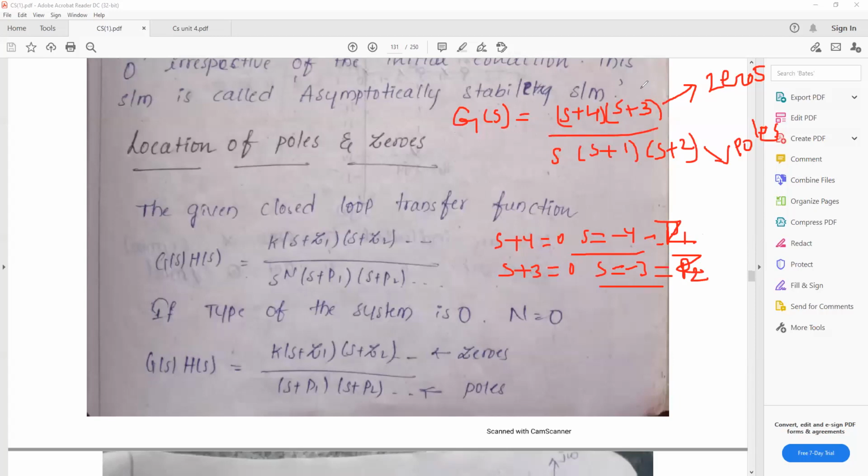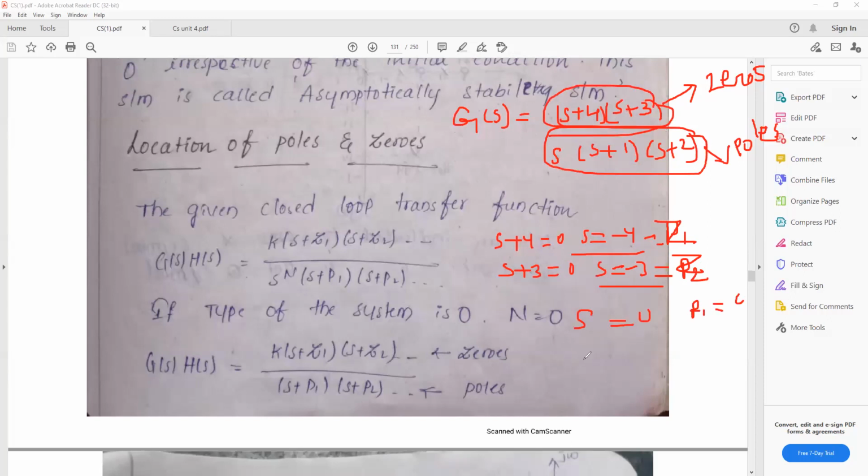In the numerator, roots are called zeros. In the denominator, roots are called poles. So in the denominator, s is equal to 0, so the first pole is equal to 0.